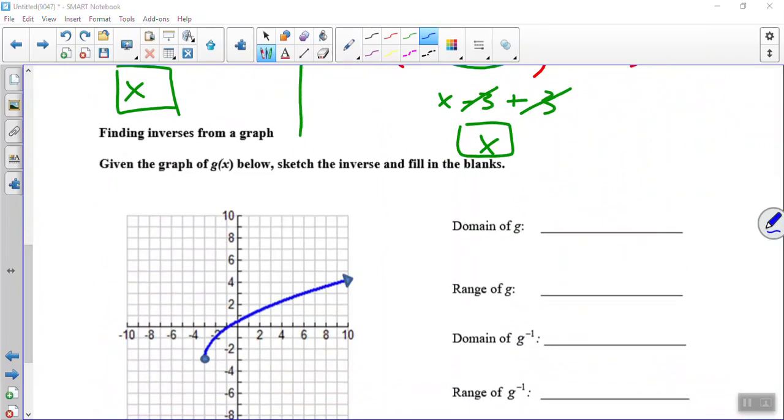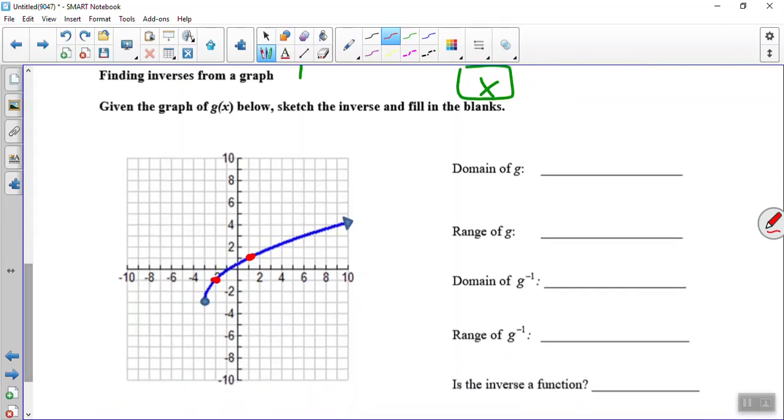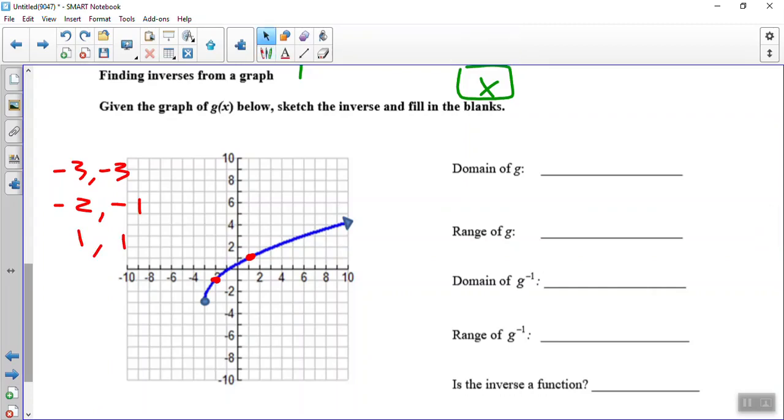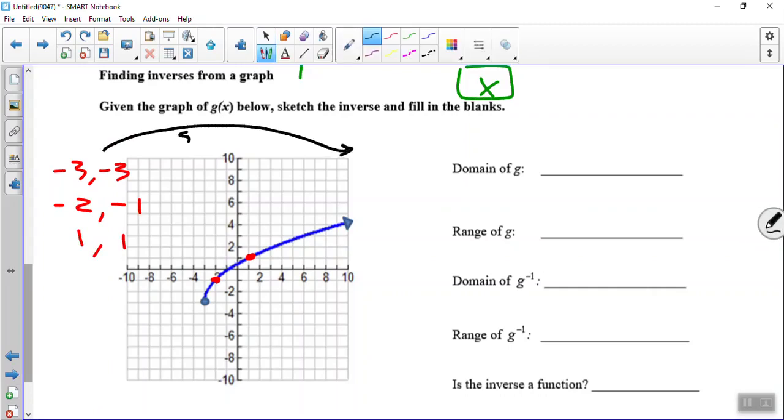All right, so we have a graph. Let's find the inverse. We've done this before. I did it a little bit last time in the notes. So you've got to find some key points here. Take those points, switch them. So we're looking at -3, -3. We're looking at -2 and -1, and then the point 1, 1. So if you switch x and y, well, this is a little bit tricky because these are now kind of the same.